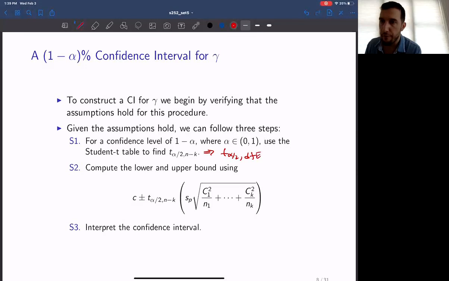And then you can see that the form of the contrast is just like it was before. So we have estimate, little c, plus or minus our t-value multiplied by standard error. So this is the exact same structure of any confidence interval we have considered up to this point in the course. We're just adjusting the formulas that are inside the interval because of what we are talking about.